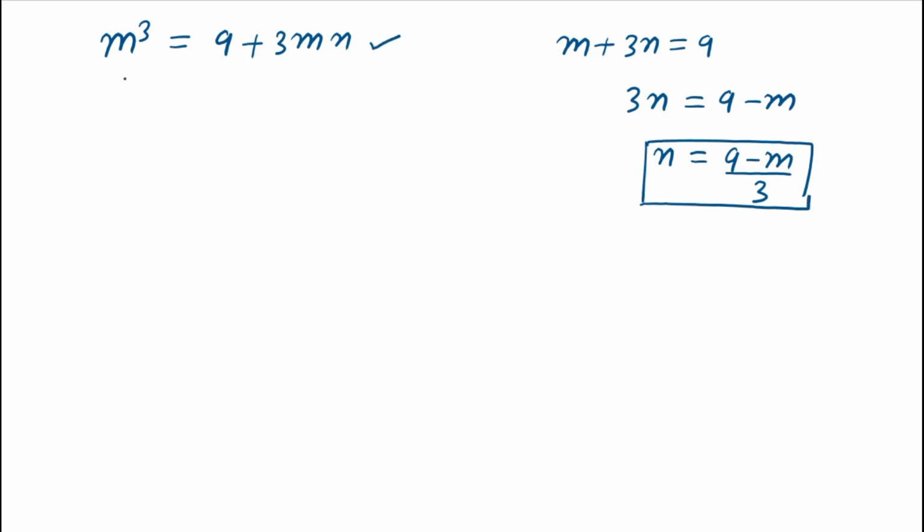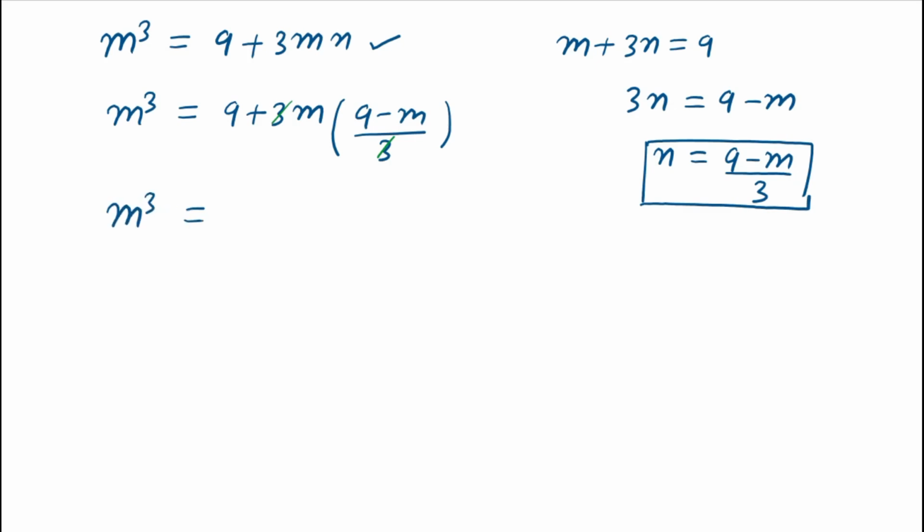Equation third is m cube equals 9 plus 3mn, so m cube equals 9 plus 3m, and the value of n is (9 minus m) divided by 3. Then this 3 and this 3 cancel out. In the left hand side m cube equals 9 plus m times (9 minus m).